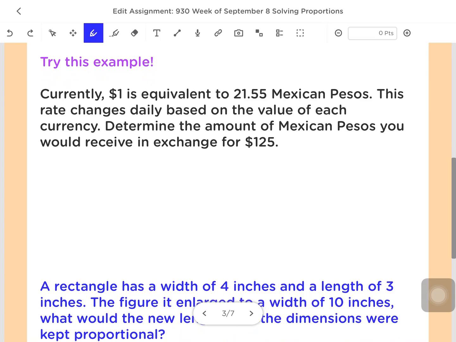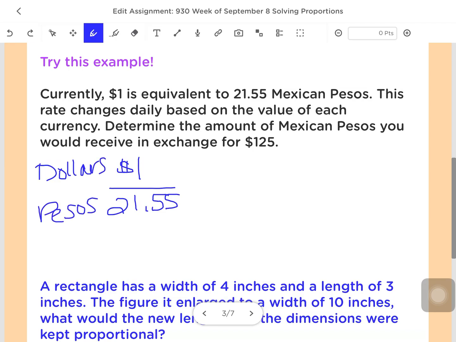So my ratio is going to be $1 will give us 21.55 pesos. So this is our dollars. This is our pesos. And I want to know what that's going to equal if I have $125. I want to figure out how many pesos that's going to be. It's going to be X. So you could think about it as, well, if one is 21.55, I know that in order to get 125, I'm going to multiply that by 125.